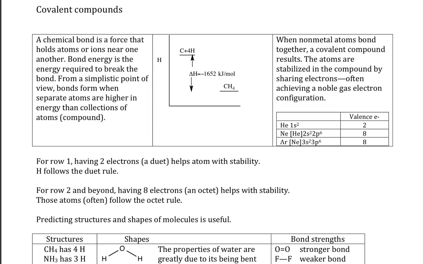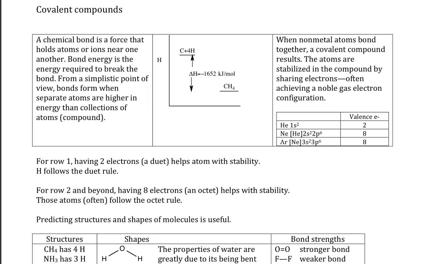When non-metal atoms bond together, a covalent compound results. So now we're in just covalent compounds. The atoms are stabilized in the compound by sharing electrons, often achieving a noble gas electron configuration. So we alluded to that in our discussion in this chapter a bit already.